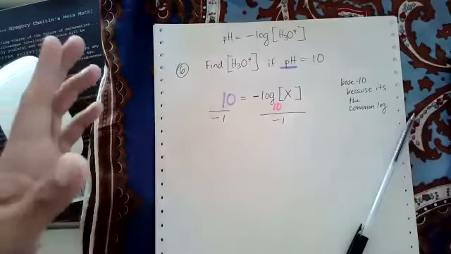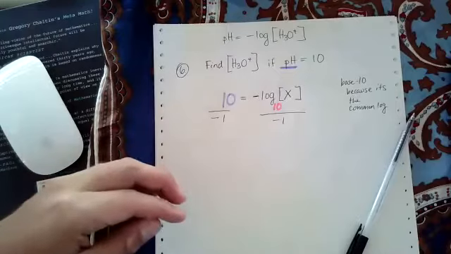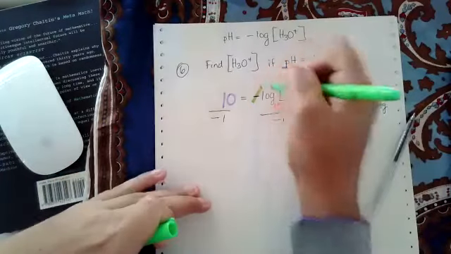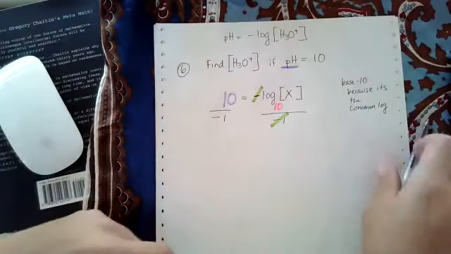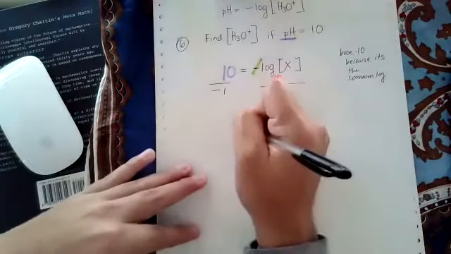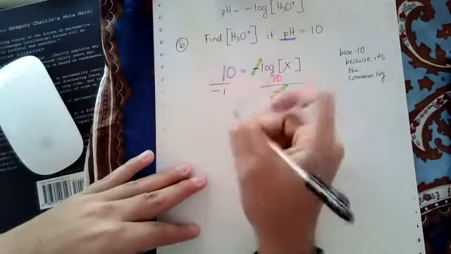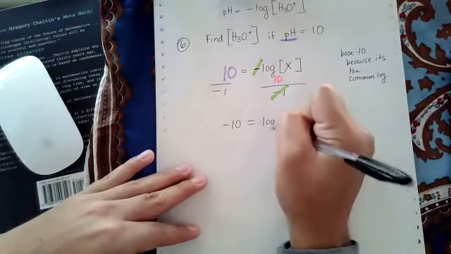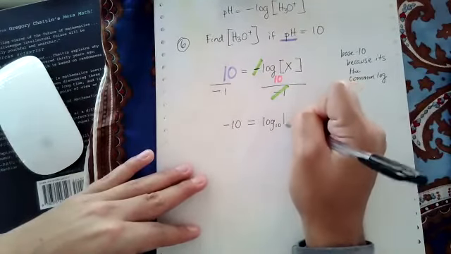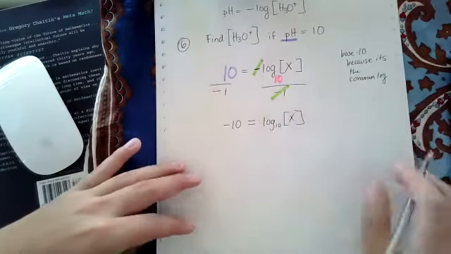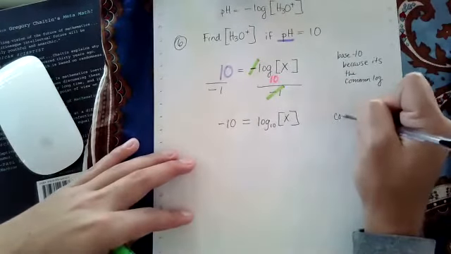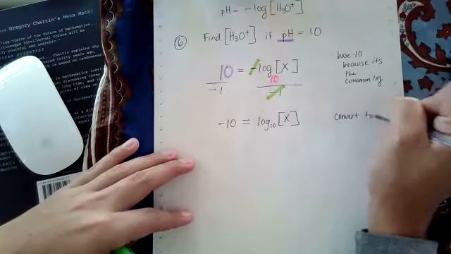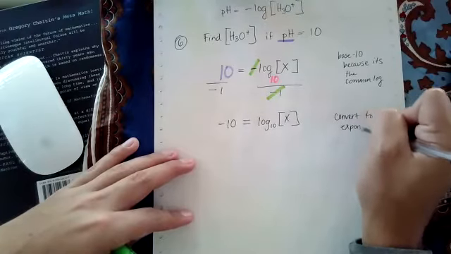So those rules still apply even though we're working with logs. So that will cancel out the negatives here. And we'll get 10 divided by -1 is -10 is equal to log base 10 of x. And then what I would say is at that point, you can convert to exponential form.